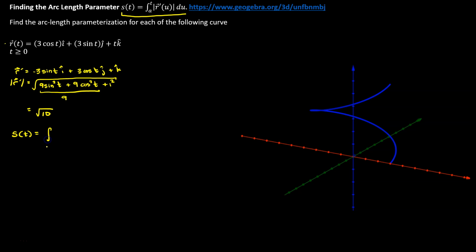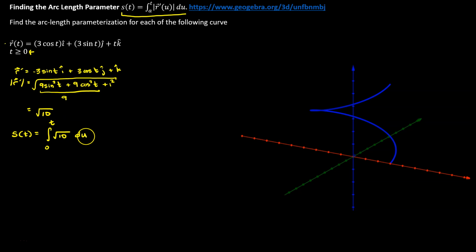So we will integrate starting from 0 because our problem says that t is greater than or equal to 0. So our bottom bound on the integral is 0. The top bound will be t. Then we're going to integrate the magnitude of the first derivative function, which is the square root of 10 as we calculated it. And then we're integrating with respect to a dummy variable u. Remember, we can't put t here in the integral because t is on the upper bound.